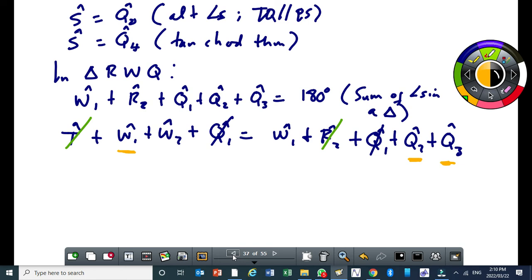Do you agree with me that Q1 and Q3 are equal? Yes, so they can cancel out. But if I cancel out this Q1 and that Q3, I'm going to be left with Q1 plus Q2 and this W2, as it is.